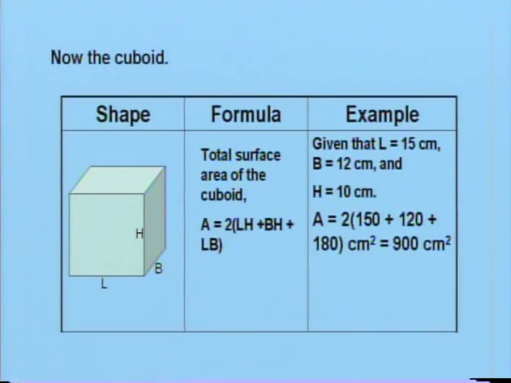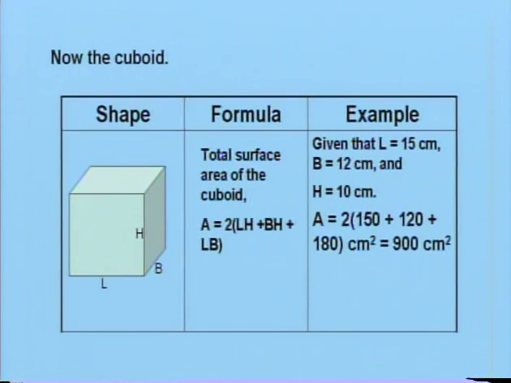So in the example given, you're told that L is equal to 15 cm, B is equal to 12 cm, and H is equal to 10 cm. The area A is equal to 2 into 150, that is L times H, plus 120 plus 180 centimeters squared.